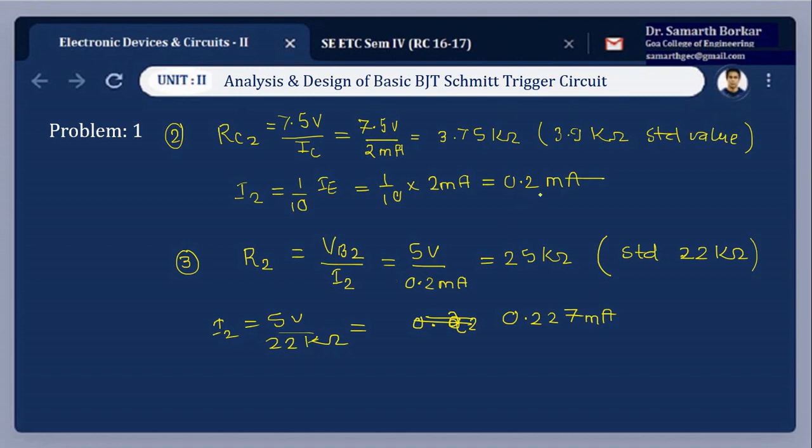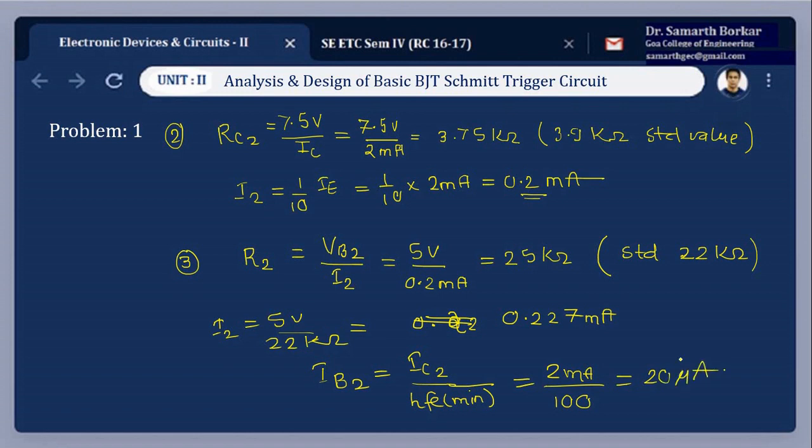Instead of 0.2, it is 0.227 milliamperes, and IB2 will equal IC2 divided by HFE minimum, which is 2 milliamperes upon 100, that is 20 microamperes. Hope the steps are clear to all.